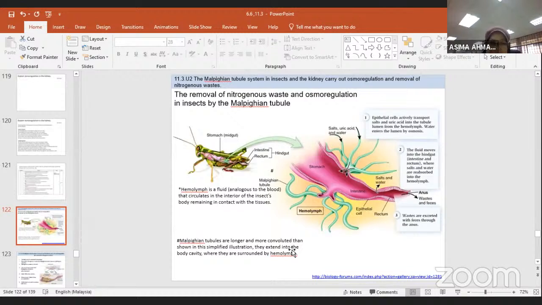In insects and the kidney, they carry out osmoregulation and removal of nitrogenous waste. So we have learned about the kidney, that the kidney carries out osmoregulation and removal of nitrogenous waste.